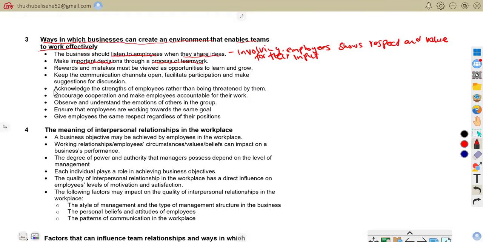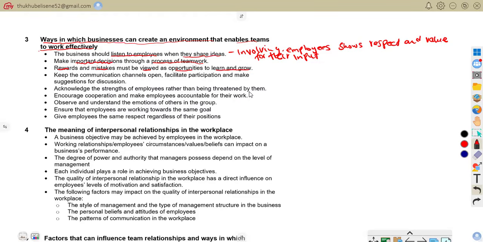Now we come to rewards. Rewards and mistakes must be viewed as opportunities to learn and grow.